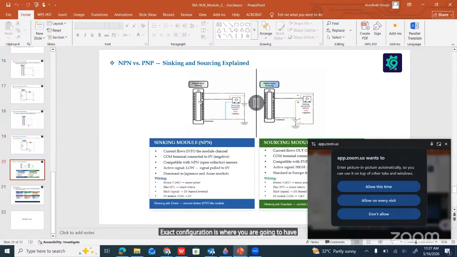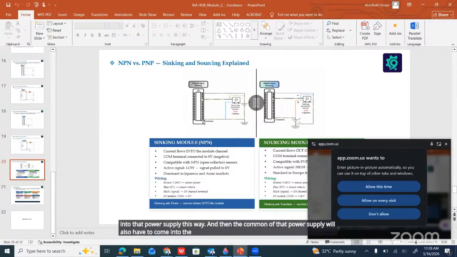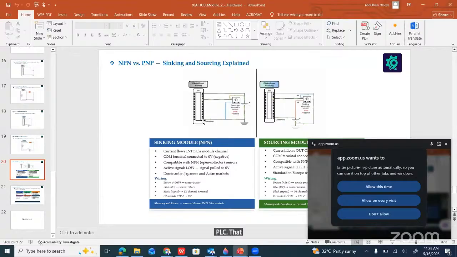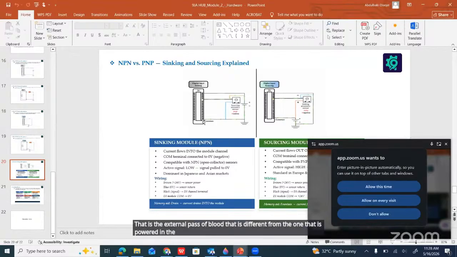Apart from the fact that your PLC has been powered, your sensors will be connected to that power supply this way, and then the common of that power supply will also have to come into the PLC. That is the external power supply that is different from the one that is powering the PLC.